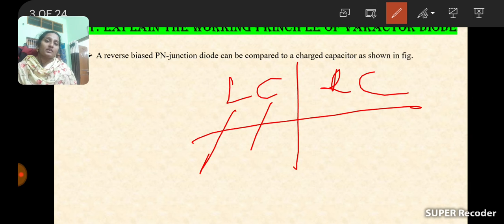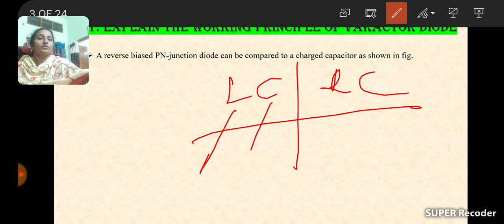LC oscillators are somewhat more stable compared to RC. Examples of LC oscillators are Hartley oscillator, Colpitts oscillator, and single tuned oscillators. In RC oscillators, Wien-Bridge oscillator and RC phase shift oscillators are the examples. So these are the topics we discussed in our last class.